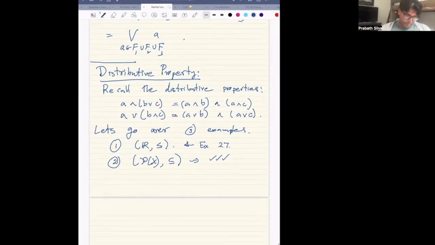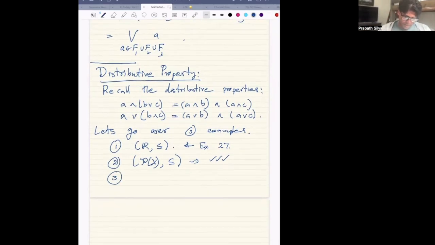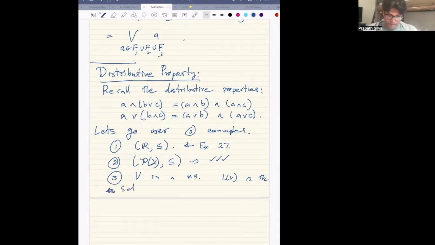Now the third example. V is a vector space, and L(V) is the collection of subspaces, the set of subspaces. And then we consider L(V) together with inclusion.